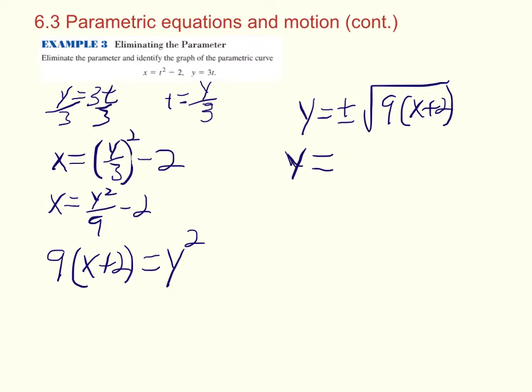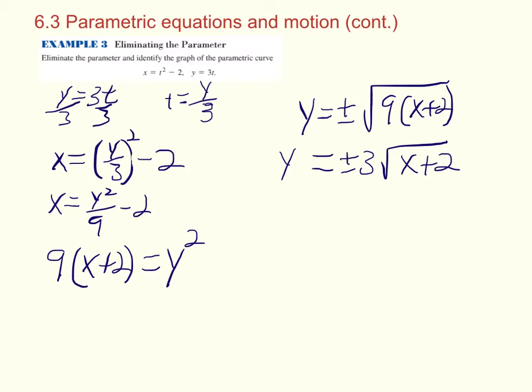Let's clean that up just a little bit for you. y equals plus or minus 3 square root of x plus 2.